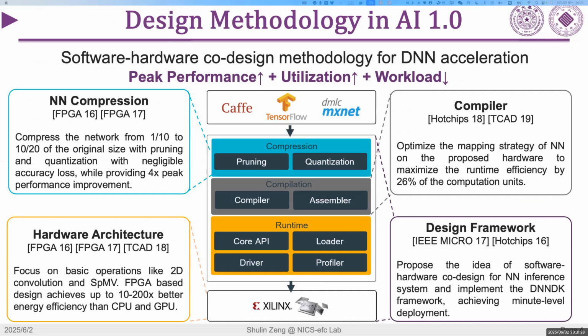Back in 2015 to 2020, we have done a lot of work, including neural network compression and AI compilers, and also instruction-driven accelerators and processors, and an end-to-end design framework to accelerate DNNs on FPGAs.